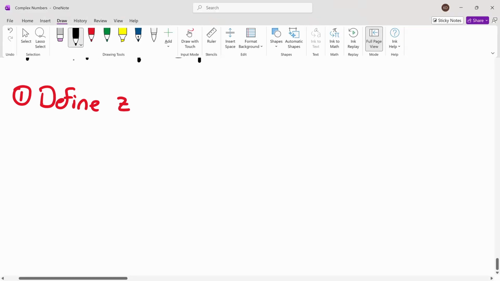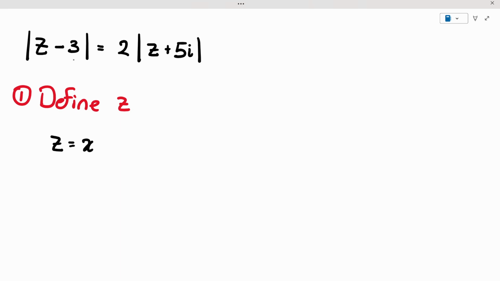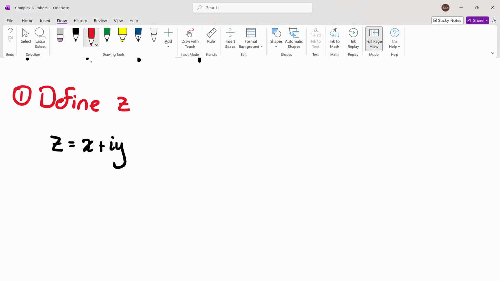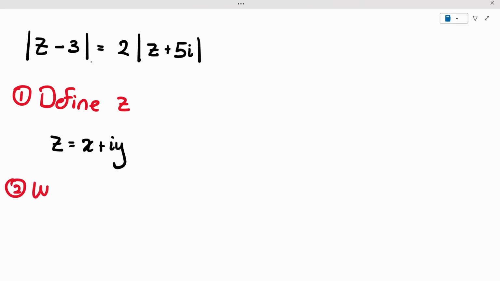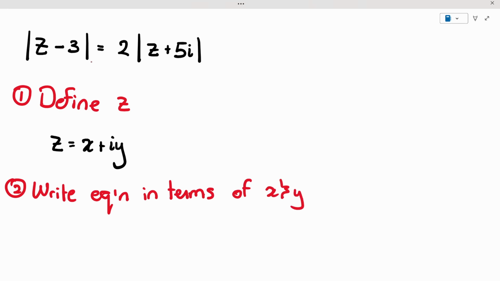And z is a complex number, so we could just define it by x plus iy, right? Step 2, we now want to write the equation in terms of x and y, right?